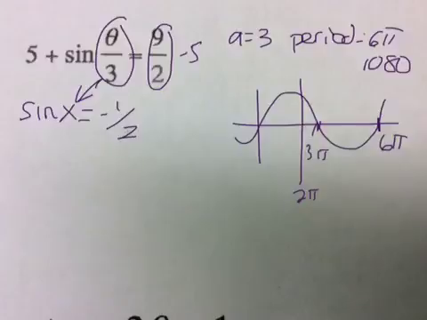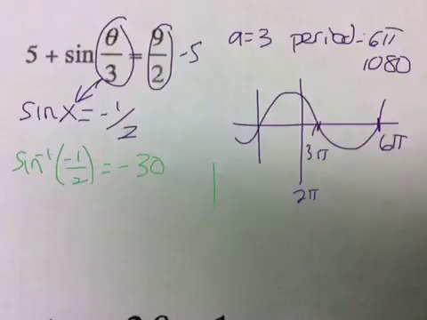But let's pretend you didn't know how to do the graphing part and you just wanted to work out the problem and see for yourself. Okay, so we're going to go inverse sine of -1/2. And we're going to get -30 from that.